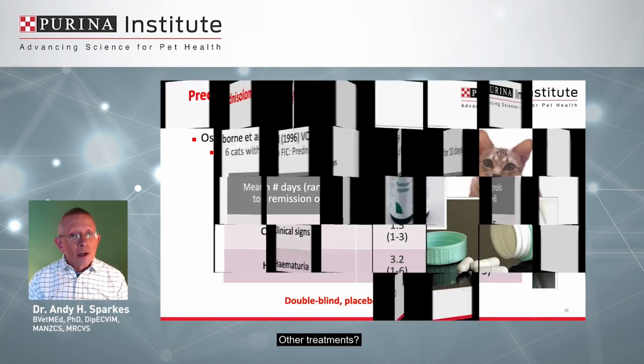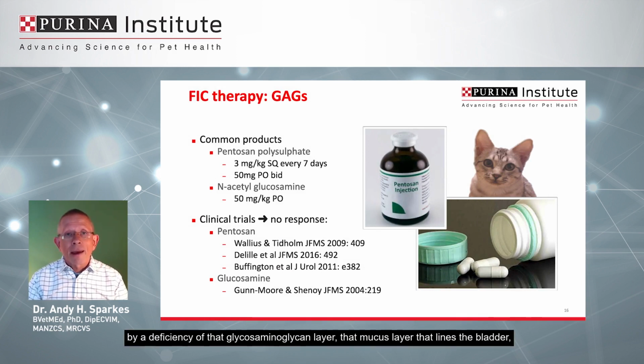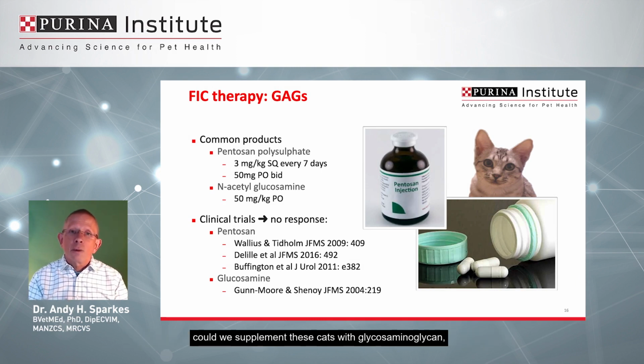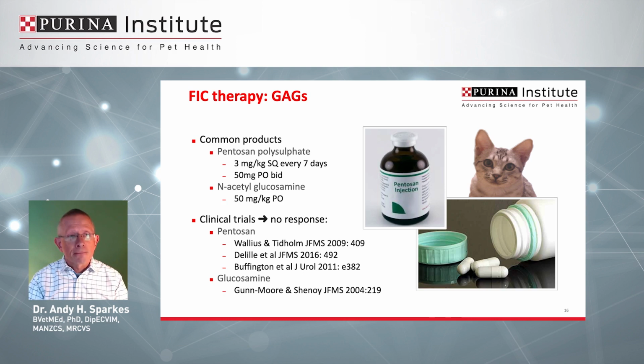Other treatments. Well, if this is a disease that could potentially be caused by a deficiency of that glycosaminoglycan layer, that mucus layer that lines the bladder, could we supplement these cats with glycosaminoglycan, either orally or by injection? And would that help to reduce clinical signs and recurrence of episodes of idiopathic cystitis?